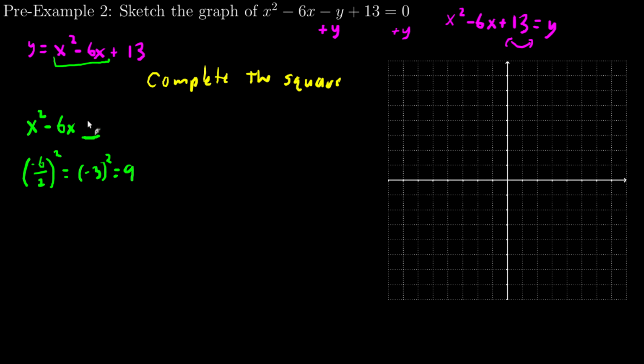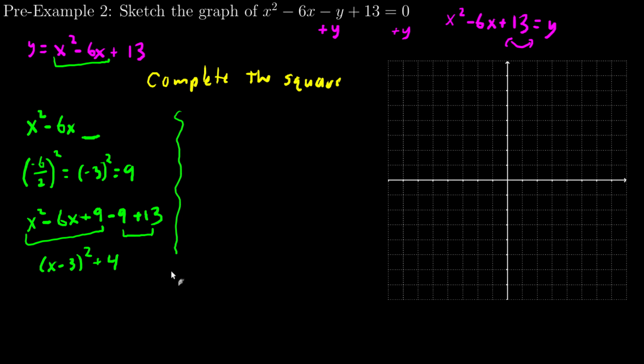And so I need a plus 9 right here. And I'll get x squared minus 6x plus 9 minus 9 plus 13. So I can't just toss a 9 in here randomly. I have to counteract it with a subtraction of 9, and this would reduce to x minus 3 squared. This would combine to plus 4. So that is the way we would do it algebraically.